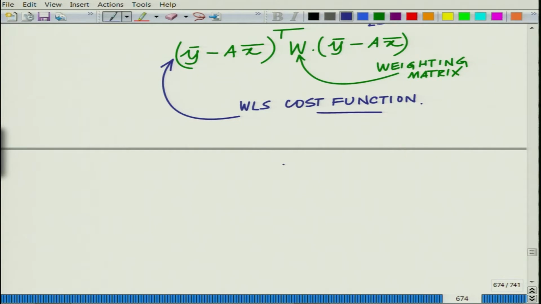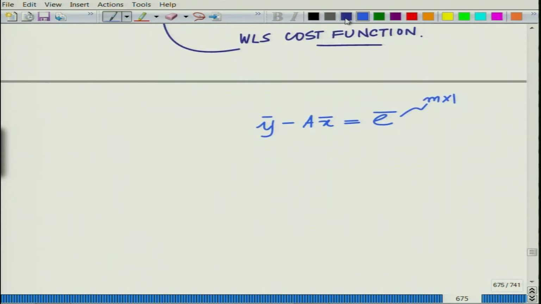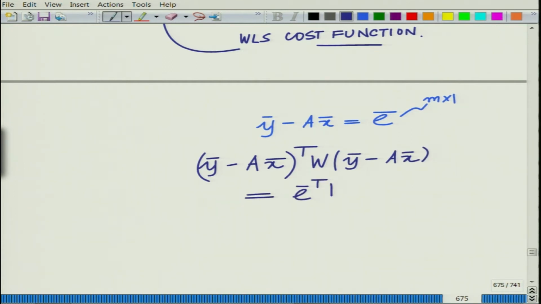If you call y bar minus A x bar the vector E bar, which is an m cross 1 vector, then this cost function, y bar minus A x bar transpose W into y bar minus A x bar, is nothing but E bar transpose W into E bar, where E bar is the error vector.